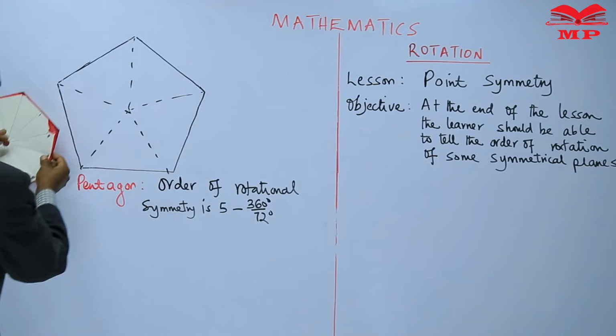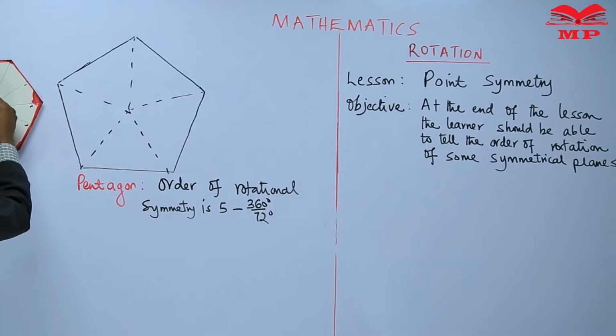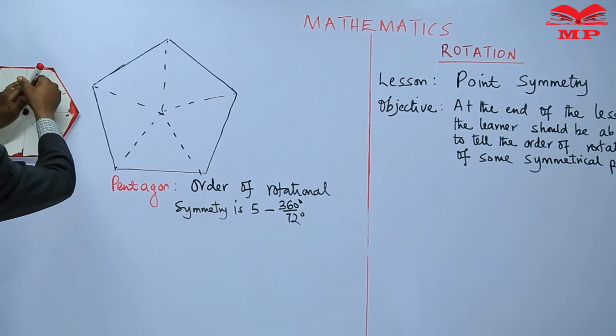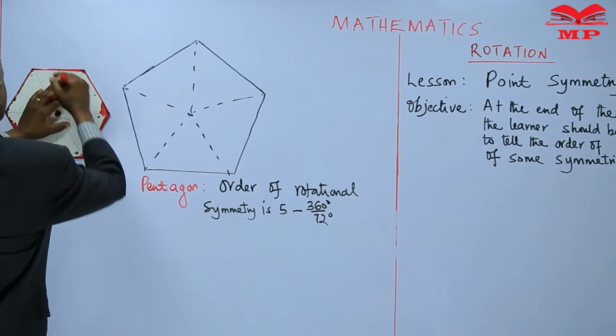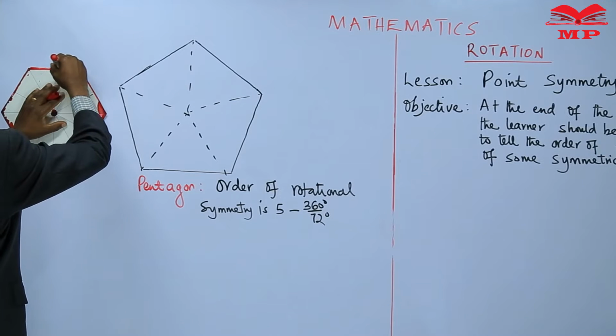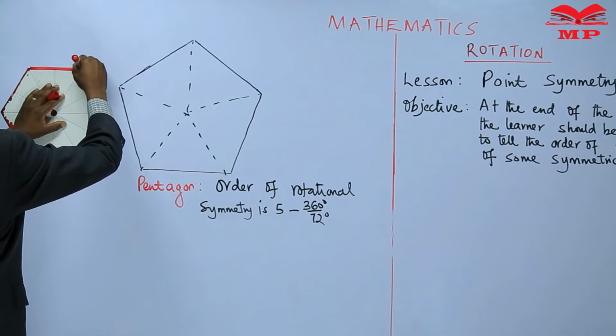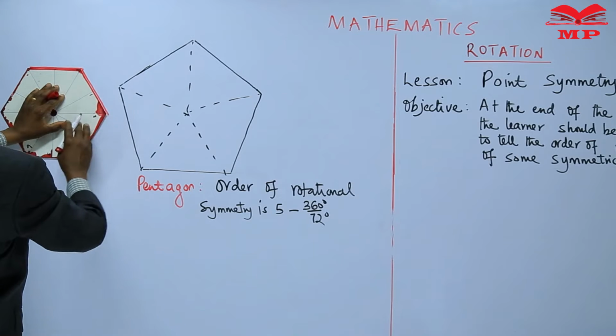We have this figure here. This one is 6-sided. We call it the hexagon. Try to trace it.